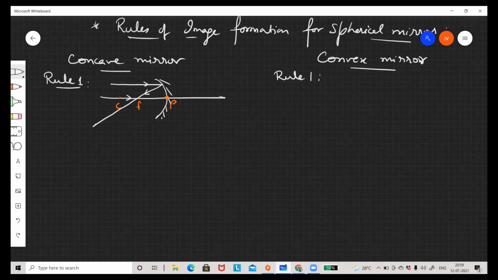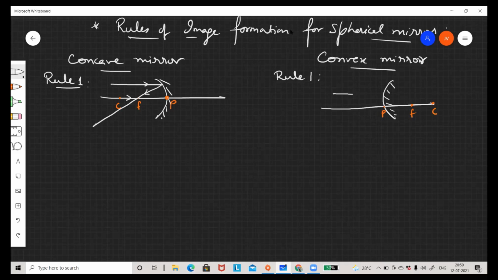The first rule in the case of a convex mirror is, say this is the pole of the mirror and we have F and we have C. This F and C are not behind the mirror; actually, they are inside the mirror.